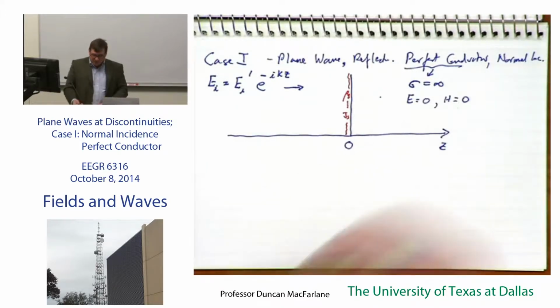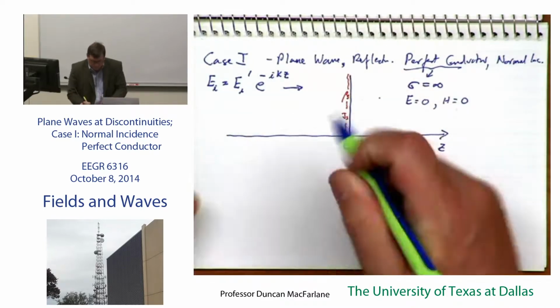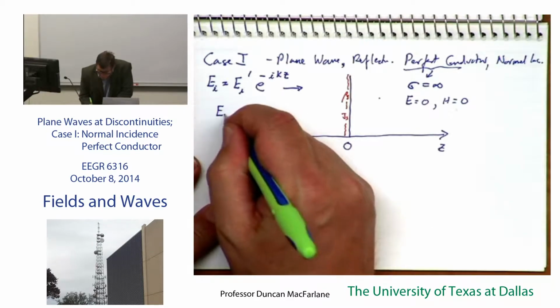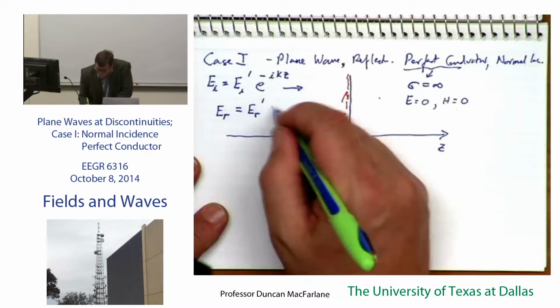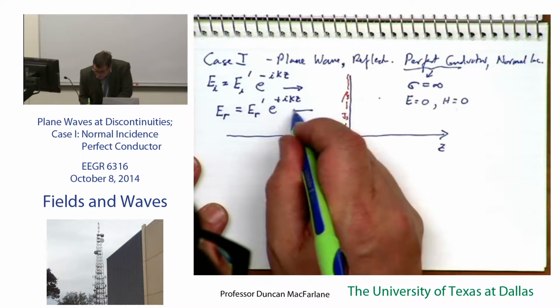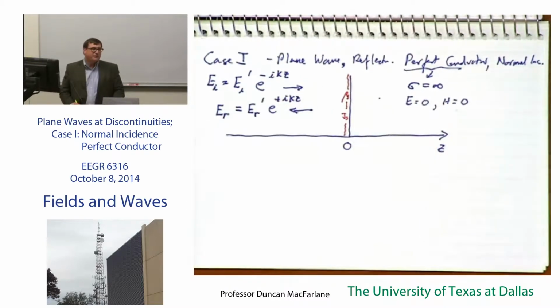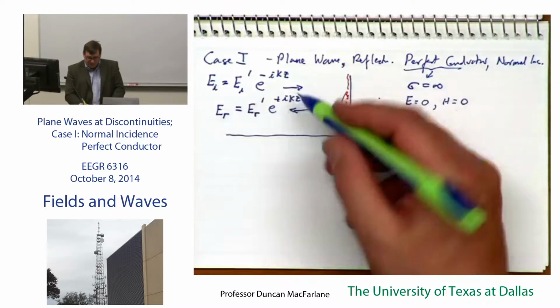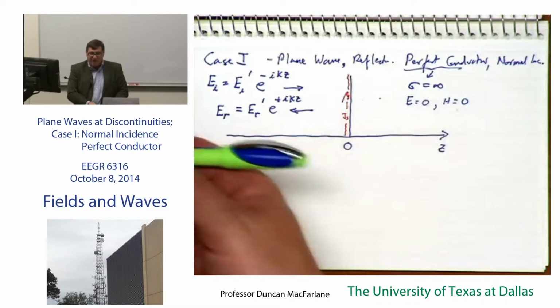So you know that there's some reflection that comes back, and it's sufficient to write a reflected wave that has a potentially different amplitude, that's moving in the negative z direction. That's moving as e to the positive ikz, which is a wave traveling in this direction.